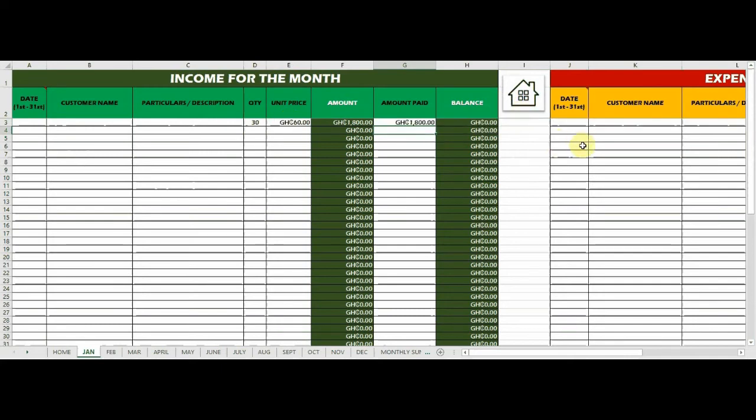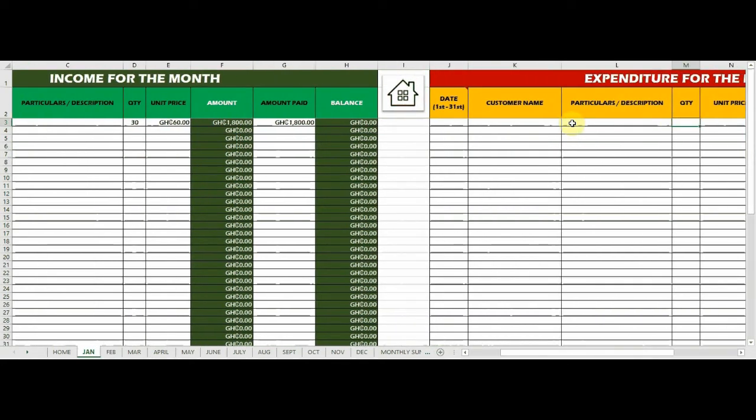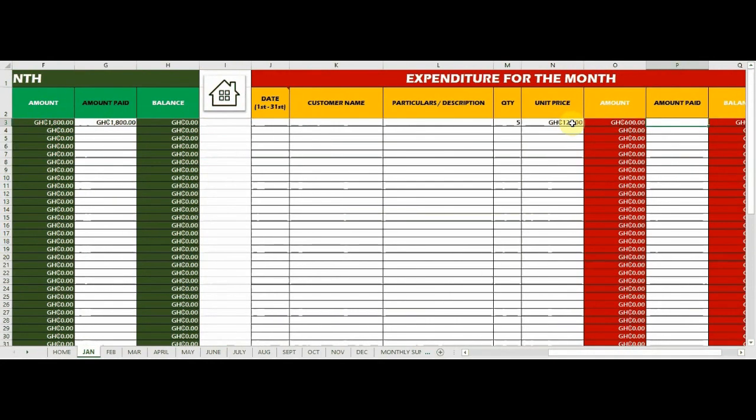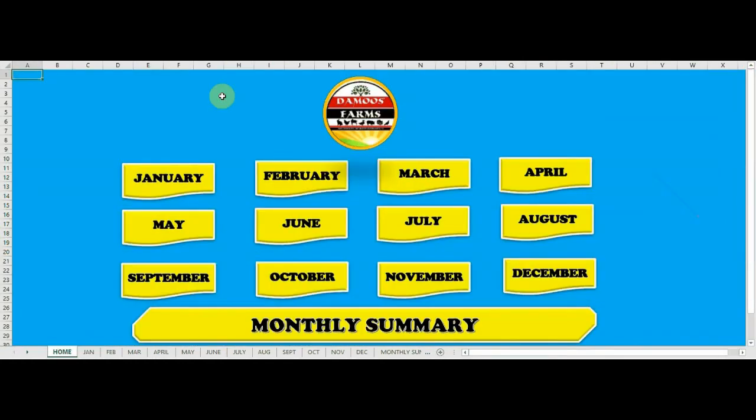Now, let's say in that same month, you have to enter the dates, but I don't have time for that. At that time, maybe you bought Damus rabbit feed, you bought 5 bags, and I think it was 120, and you paid 120. Maybe we'll think about that in the future. All right, so quickly let's go to the summary.